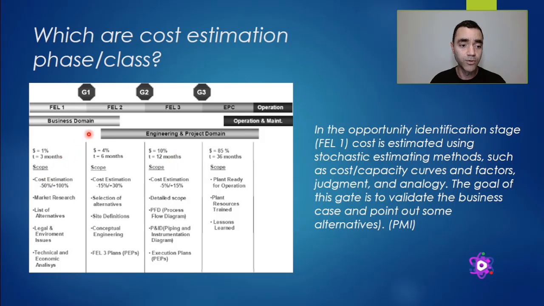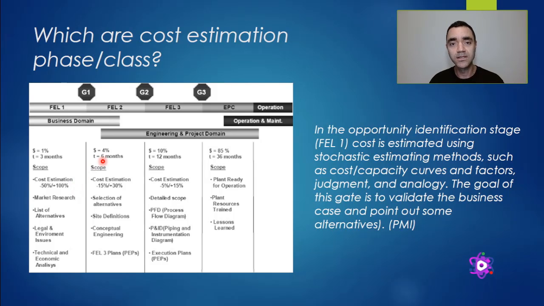So if we compare or do analogy for the AACE, you can verify that FEL1 is in the business domain and it's very similar to the class 5 in the AACE. So in this case, the cost estimation will vary from -50 to plus 100.